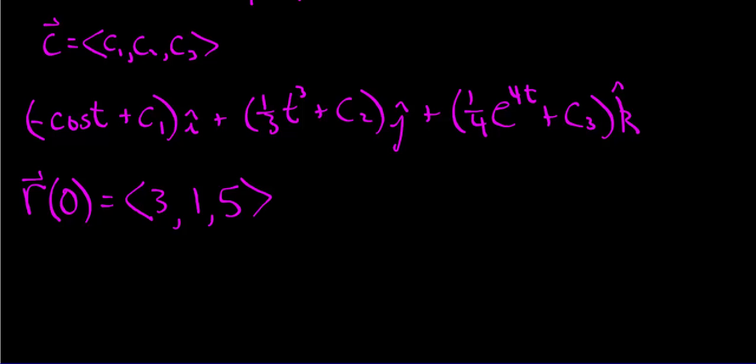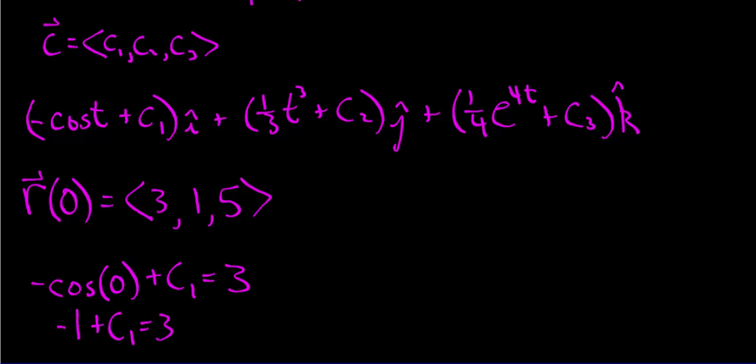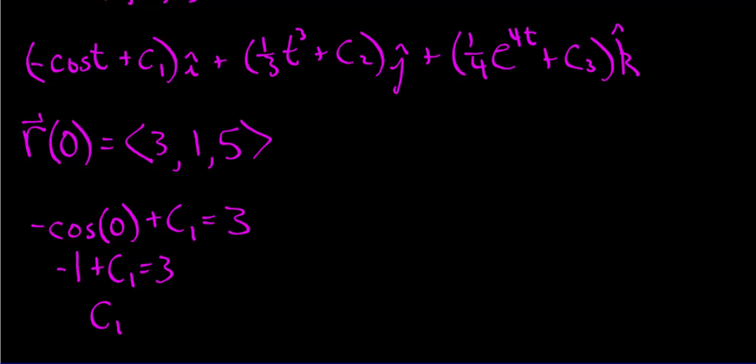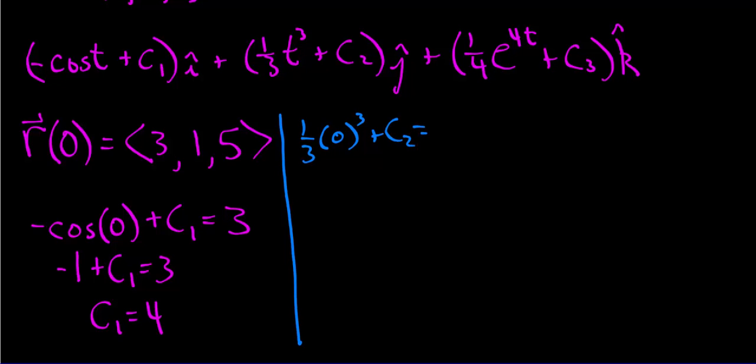So let's see how that affects the i component here. Well, we've got negative cosine 0 plus C1 equals 3. Now, cosine of 0 is 1, so we have negative 1 plus C1 equals 3. So now we have our constant C1 is equal to 4. Now let's do the same thing for the j component here. We've got 1/3 times 0 cubed plus C2 equals 1.